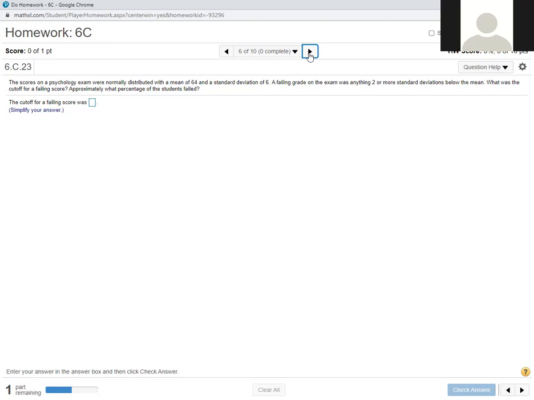All right, so let's see what they want to know on this. A failing grade on this exam was anything 2 or more standard deviations below the mean. What was the cutoff for the failing score?